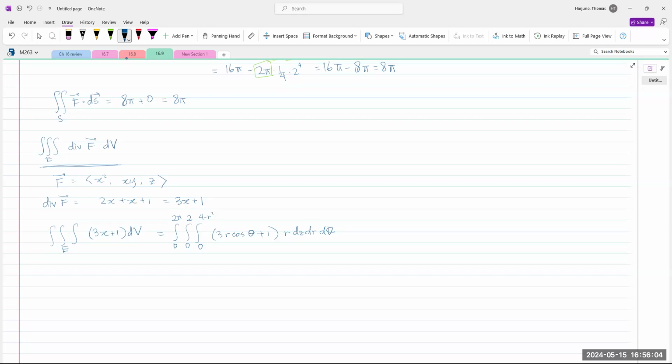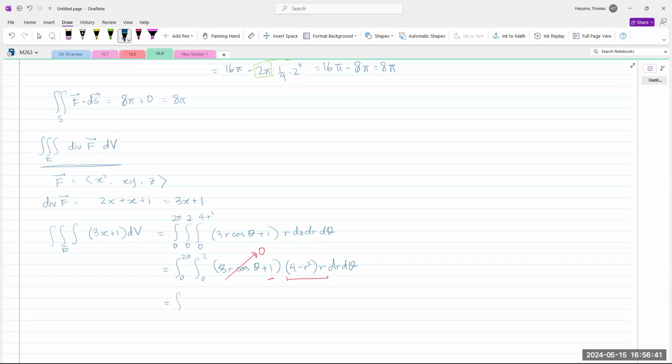Then if I integrate that with respect to z, we will get 3r cosine theta plus 1 times 4 minus r squared, r dr d theta. As you can see, later on this part becomes 0. It's just 1 times this guy, right?